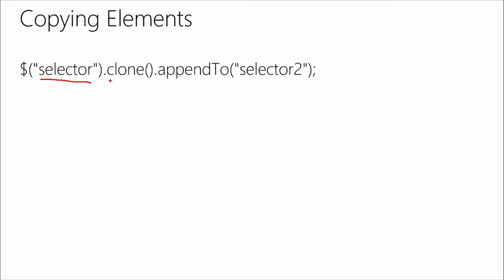And then I could call clone, and what this will do is give me a deep copy of what's in that selector, so that selector and all of its children. As you can see here on the slide, with this example, I'm saying take some selector and clone it, and then go ahead and append it to a second selector.